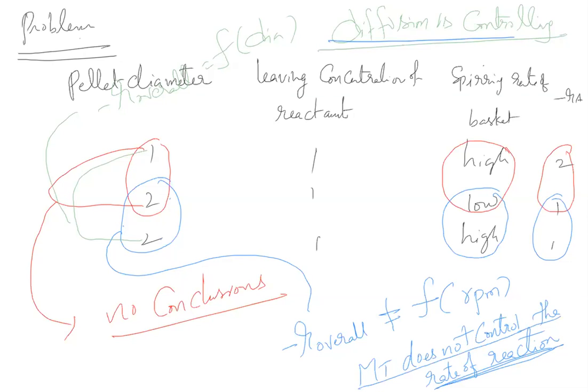So diffusion is controlling. Suppose if diameter increases, what happens to your rate? Does the rate decrease or increase? Decreases. Because if the diameter of the particle increases, the Thiele modulus increases.